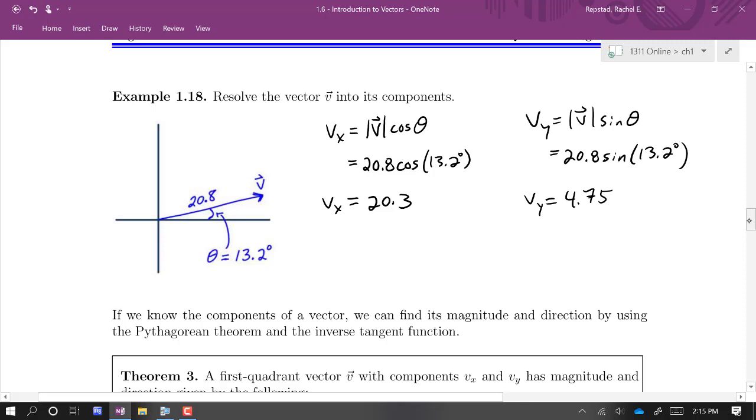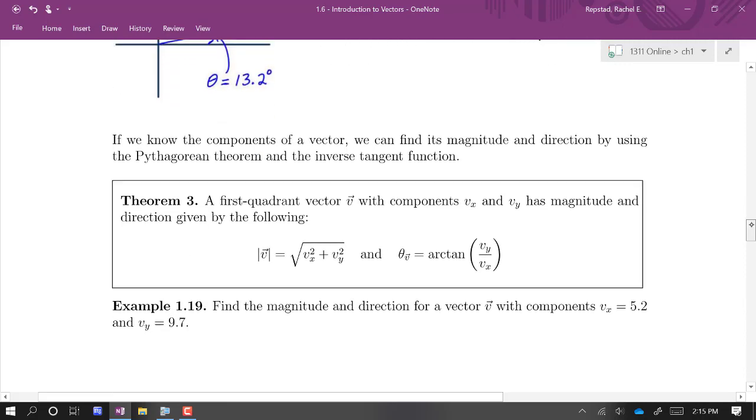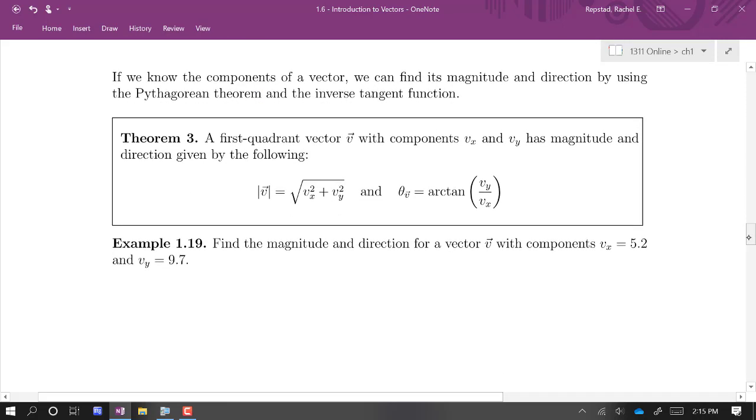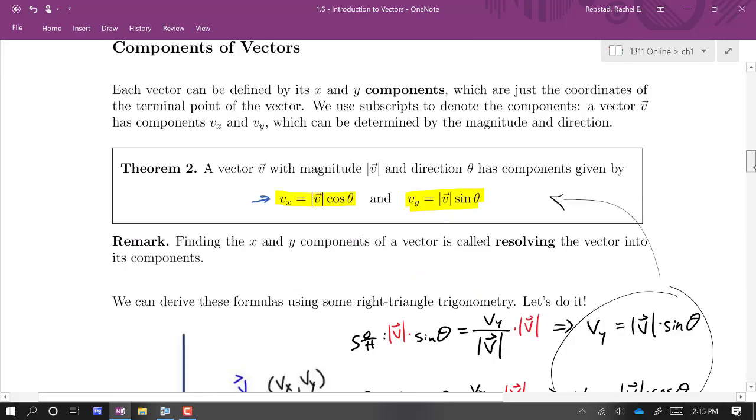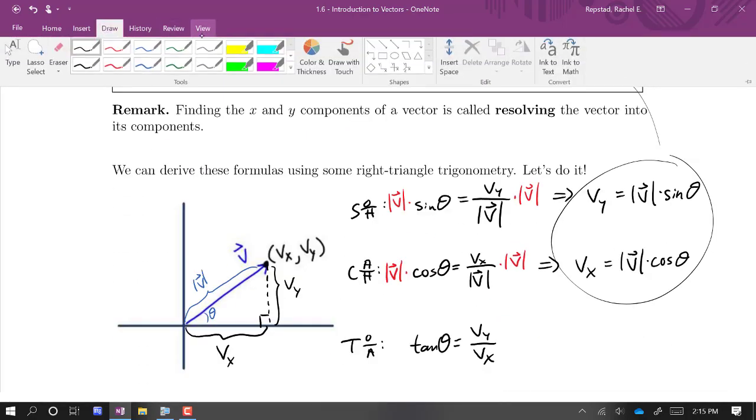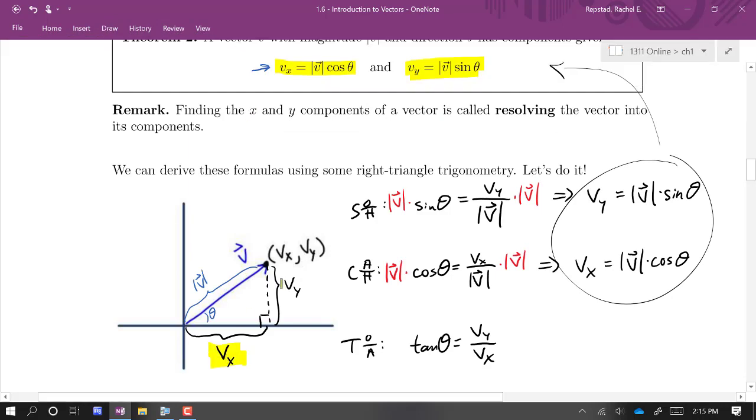So if we're given magnitude and direction, we can find the components. Now if we want to go the other way around, if I know the components, I'm going to scroll back up here for a moment. If I'm given Vx and Vy, then we can find the magnitude by using Pythagoras, because the sum of the squares of the two legs, Vx squared plus Vy squared, should be the square of the magnitude.